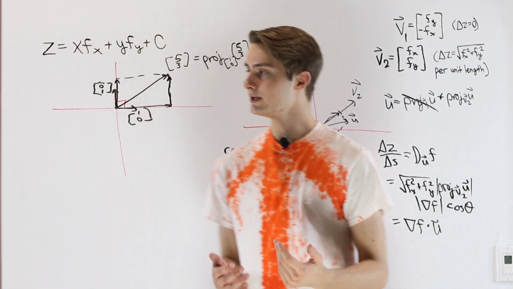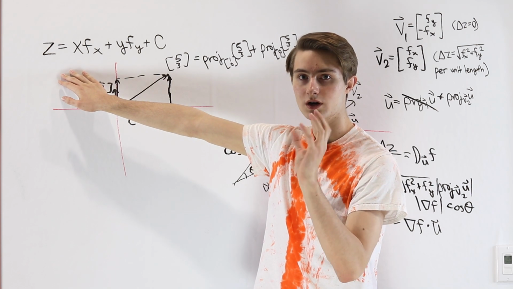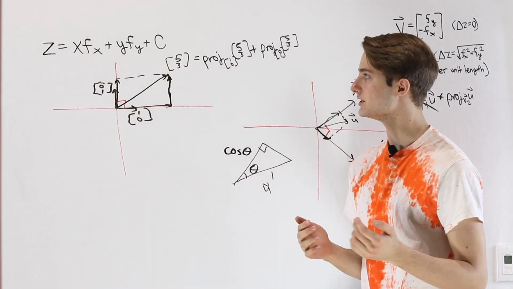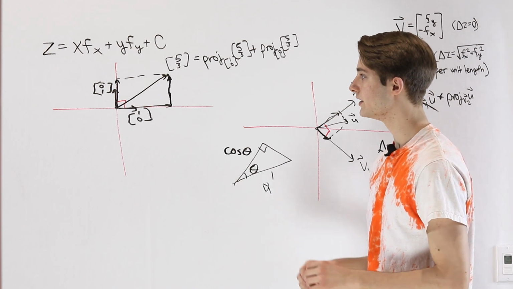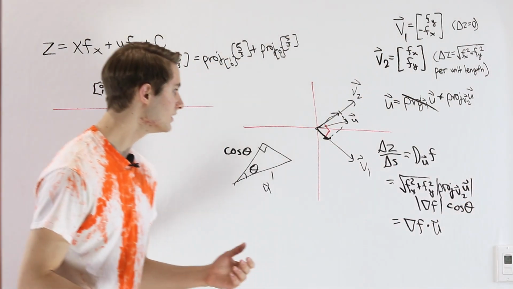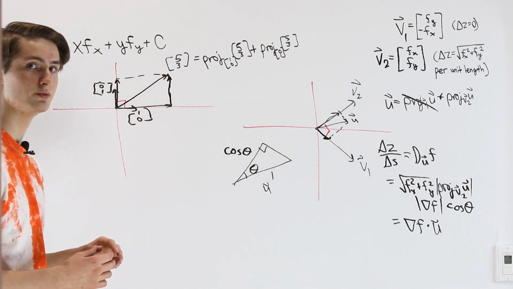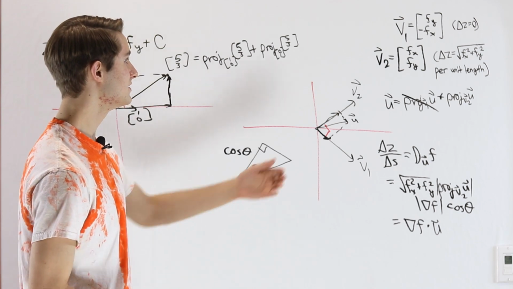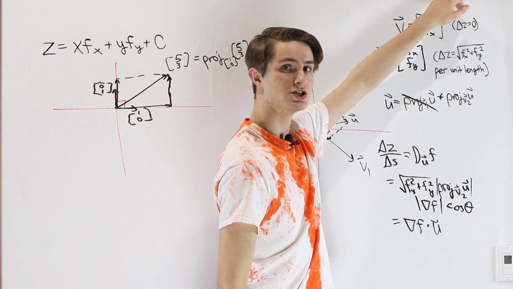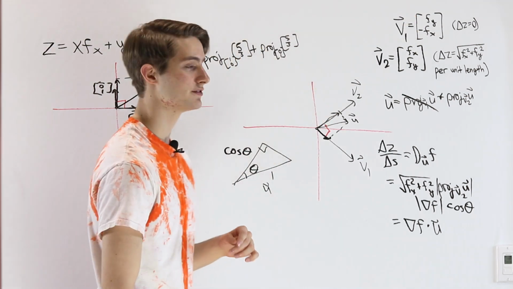So the way that we got here was starting by approximating our function around the point of interest as a plane, as linear in every direction. Then we redefined our coordinate system. Instead of being in terms of the vectors 1, 0, and 0, 1, we chose two other vectors. First, to make things easy, we chose the direction of zero change, which ends up being f sub y, negative f sub x.